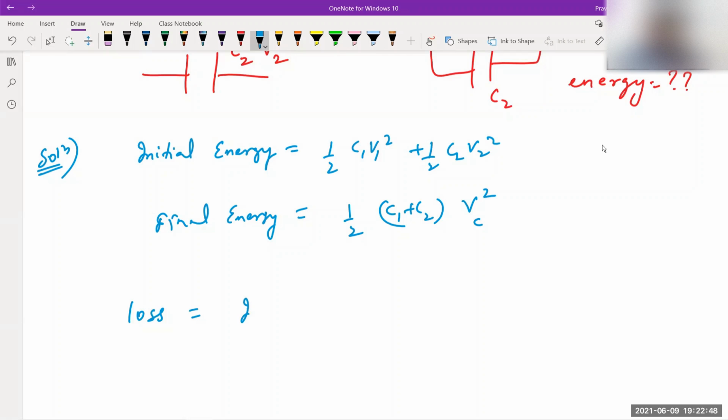Yes, so your loss will be initial minus final energy. Okay, write it down.